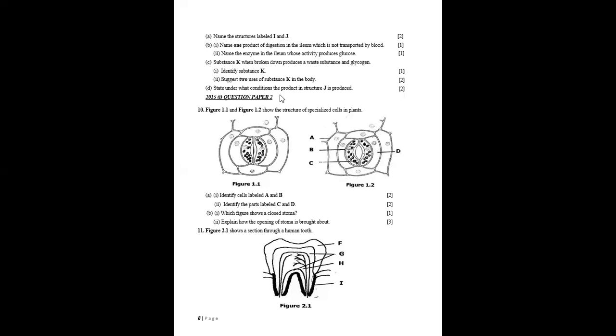2015. Figure 1.1 and figure 1.2 show the structure of specialized cells in plants.